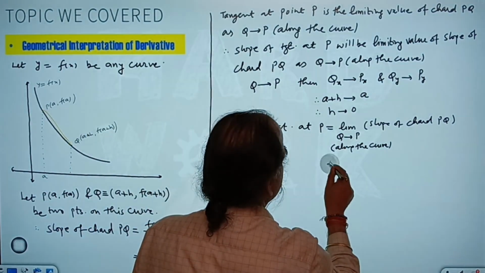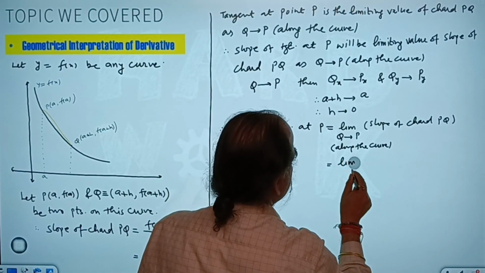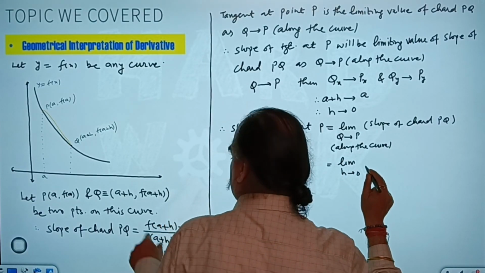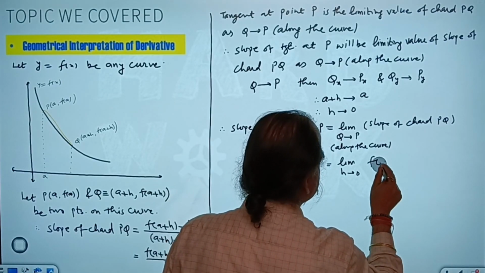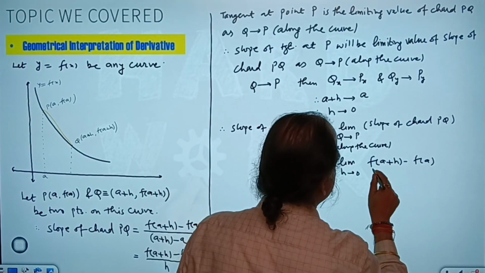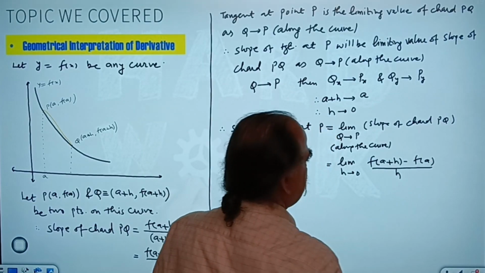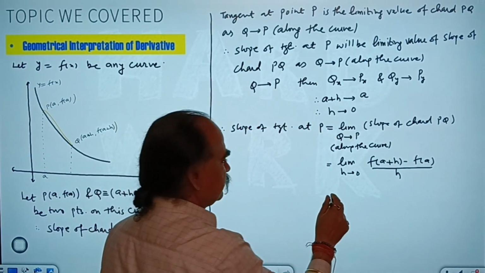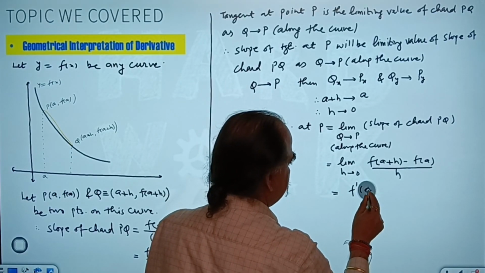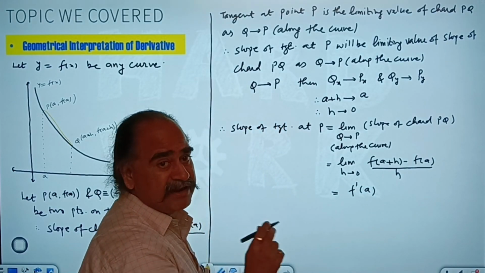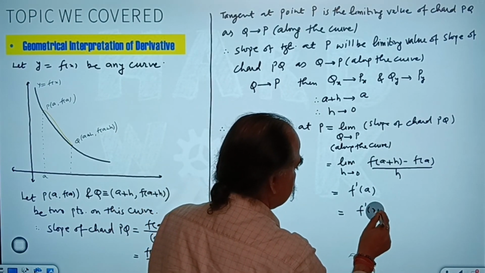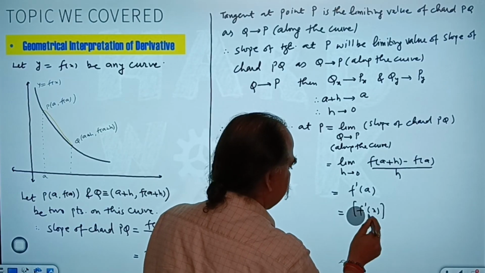Now you know Q approaches P means h approaches 0. And the slope of chord PQ is f(a plus h) minus f(a) upon h. And this is nothing but the first principle of derivative, f dash a. And f dash a is f dash x when x is a.